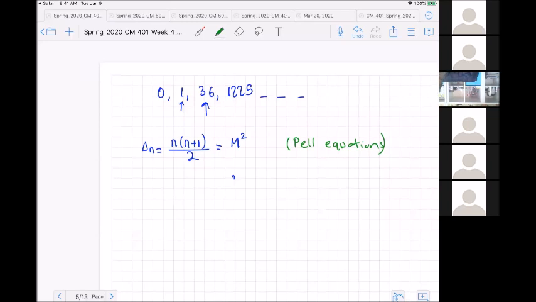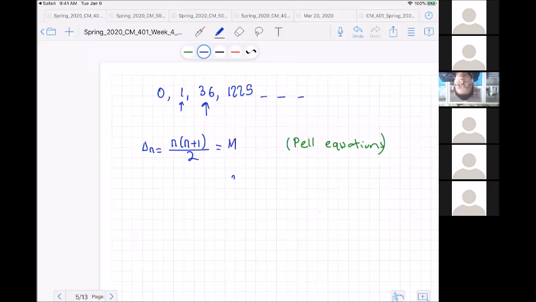So now, let's look at the triangular numbers that are perfect squares. Let me call this number m.